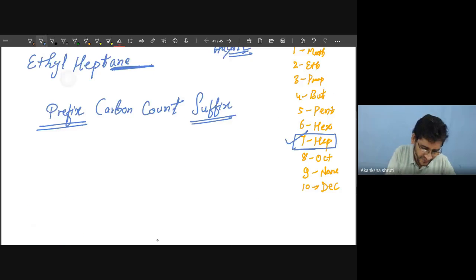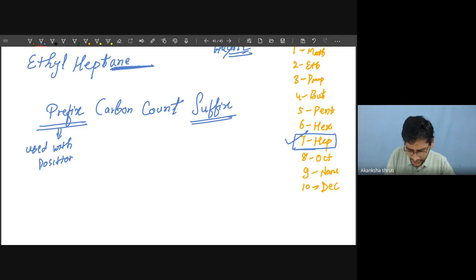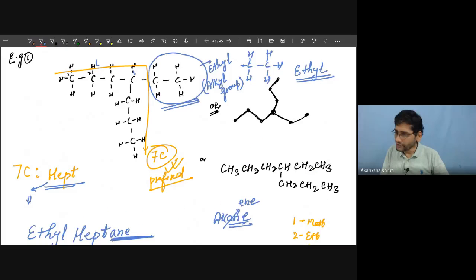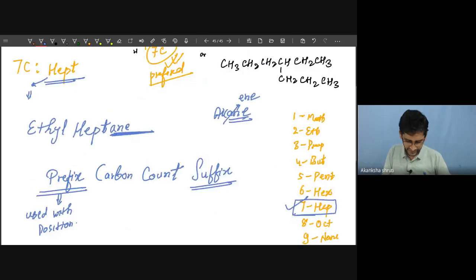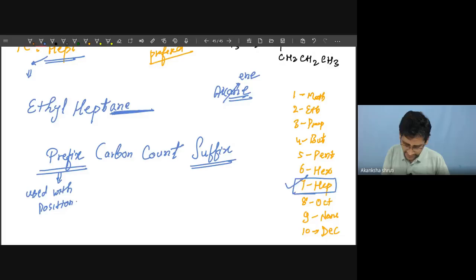So for this prefix, use it along with position. How is this position? Counting the carbon chain, you have to just number it. How to number it, that I will tell you.